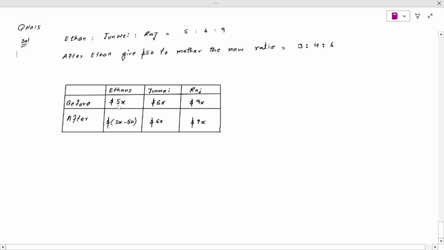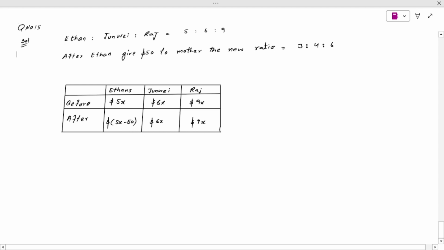After giving money to his mother, the new ratio becomes 3:4:6. So the amount is now 5x minus $50 for Ethan, 6x with Junway and 9x with Raj.